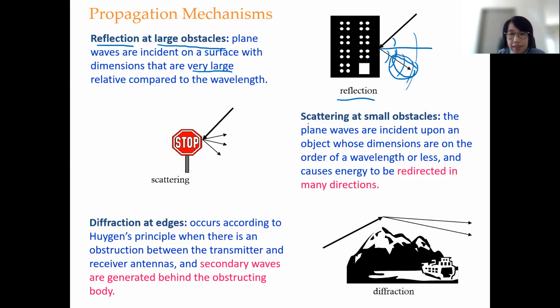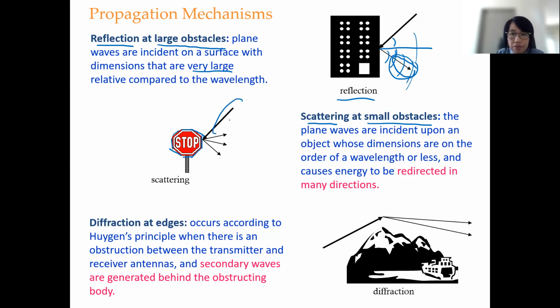Then for scattering, it happens at a small obstacle like a sign. This has a very small dimension, right?